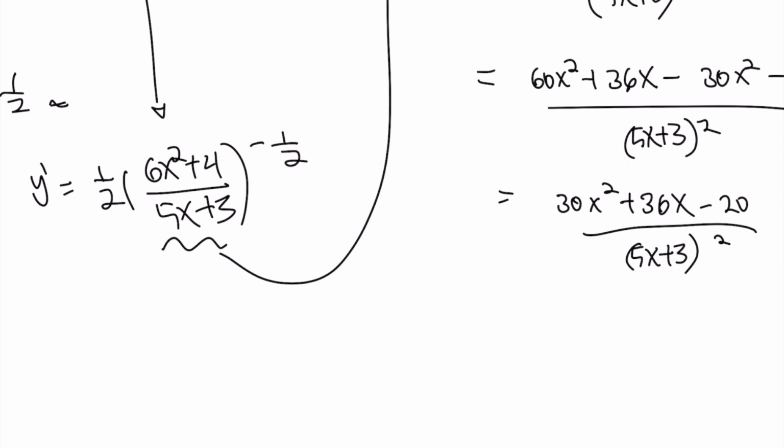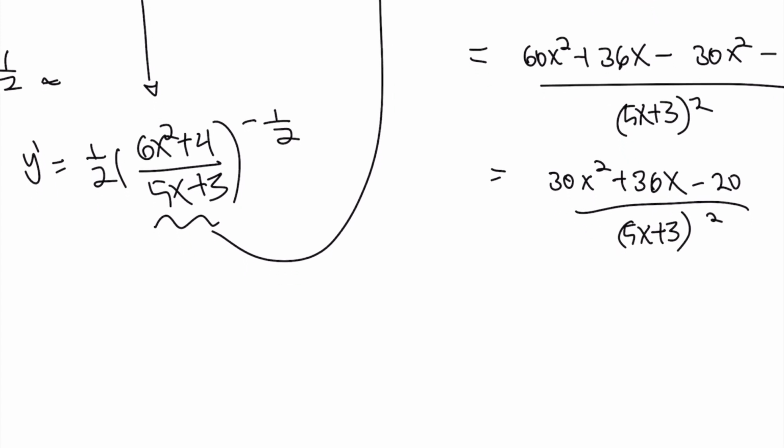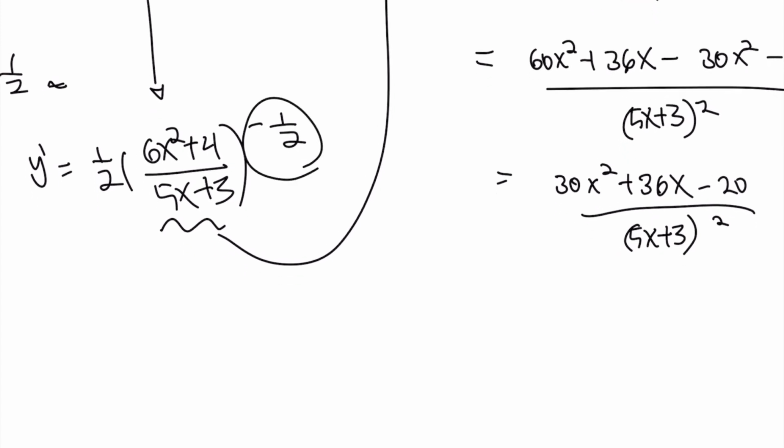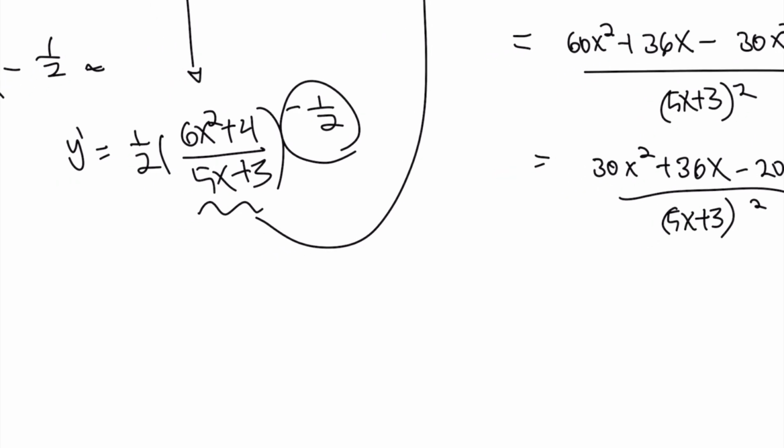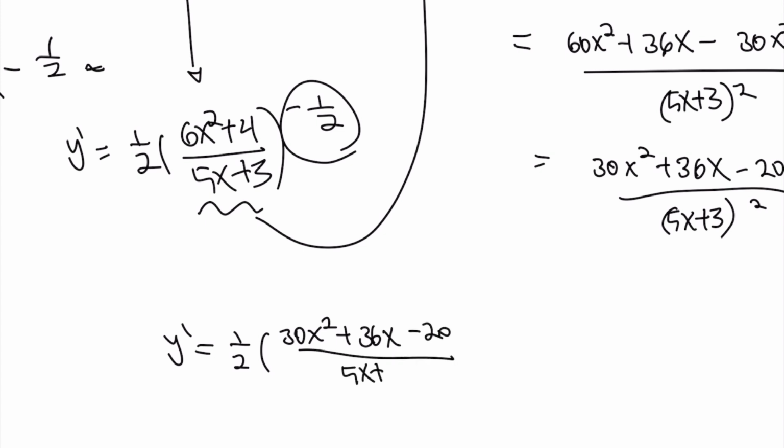Alright, so usually I think we have to get rid of the negative exponent, but right now it's a little bit too complicated, so I think we're just going to leave it like this. So y prime equals, coming back here, 1/2, and then 30x squared plus 36x minus 20 over 5x plus 3 to the power of 2.